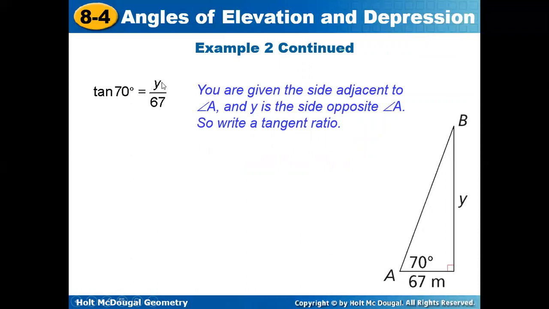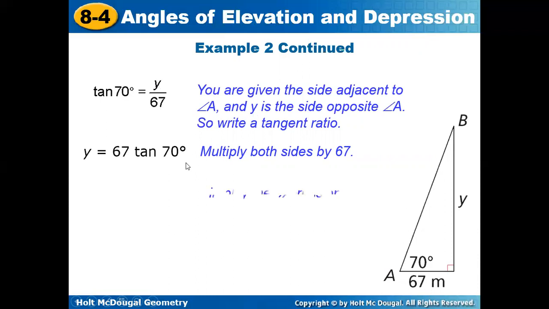If y is in the numerator, we will multiply both sides by 67. It means to solve for y, it will be 67 multiplied by tan 70. Also, you can start with tan 70 multiplied by 67, okay? But don't forget to close the bracket, okay? So the answer will be approximately 184 meters, okay?